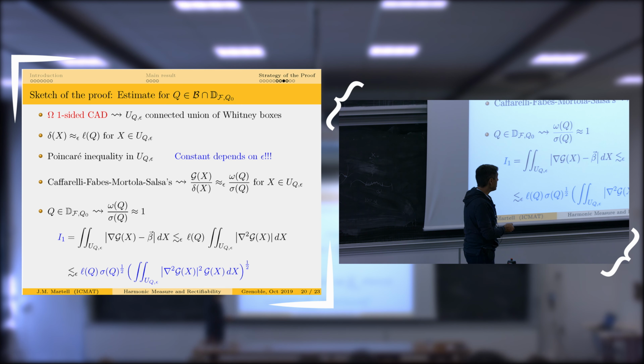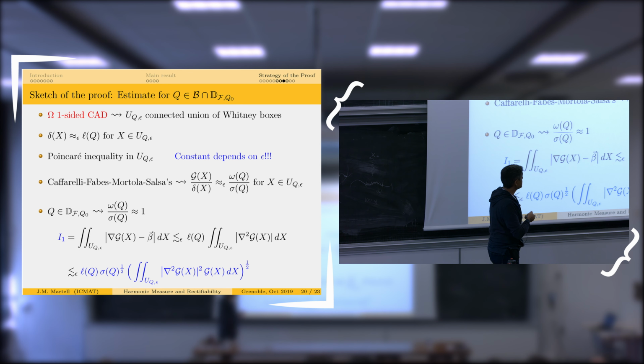Okay, and now, because this is also a part which is away from the boundary, in the part that is away from the boundary, I know that the distance to the boundary is like the length of q, okay, with constant dependent on epsilon. And this is the Caffarelli phase modulus alpha estimate, which says that g over the distance to the boundary is comparable to the average.